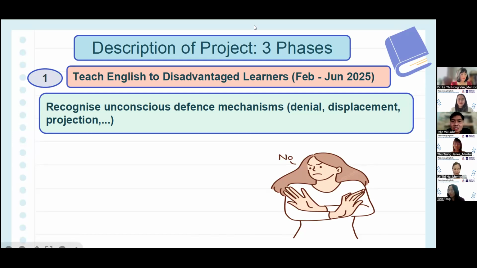The chat box, let me see. When you fail an exam, how do you react? Cry? Oh, so sad. I plan to study and retake the exam. Okay, thank you, teacher. Be motivated, keep trying.